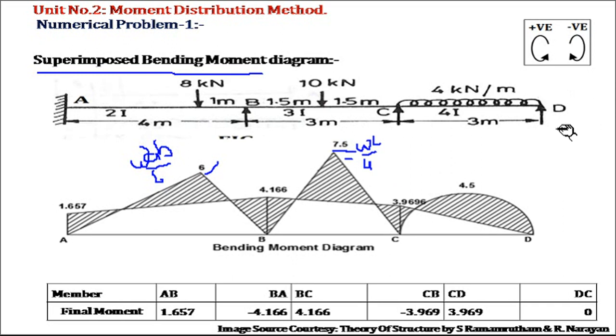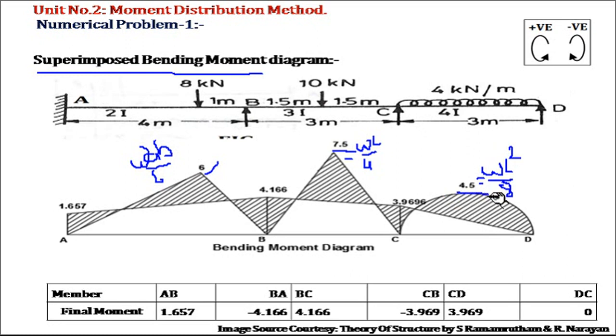Now member CD is loaded by a uniformly distributed load of 4 kilonewton per meter. The formula for the free bending moment is WL square upon 8. The value of W is 4, the length of member CD is 3, divided by 8.